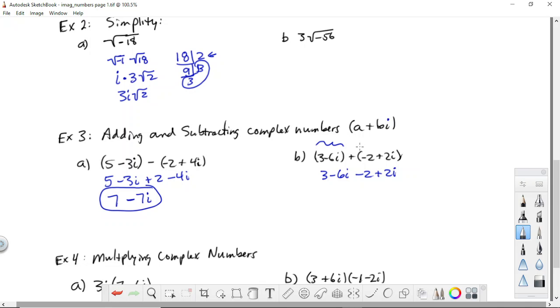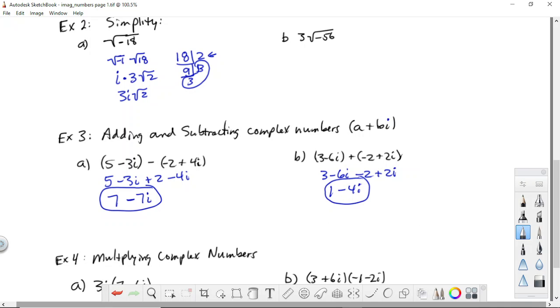This is the first complex number. This is the second one. But when we do the addition, we add the real parts. So that's 3 minus 2, that's 1. And the imaginary part is negative 6i plus 2i, that's negative 4i. So that's the result of that one.